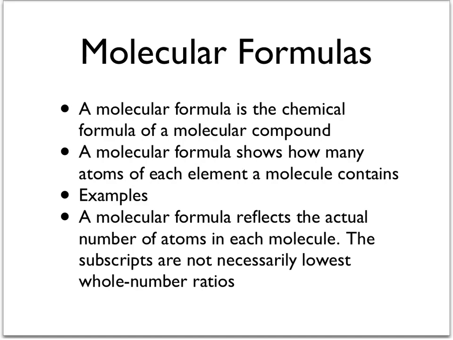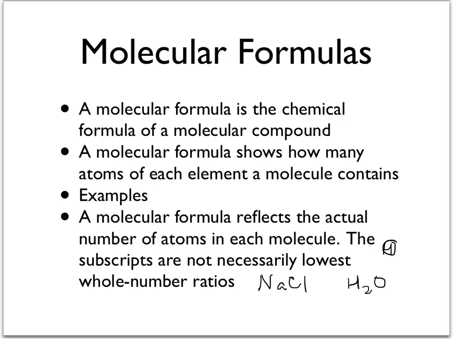So the molecular formula tells you the actual number of atoms, not just the lowest whole number ratio. In other words, when we talked about an ionic compound like salt, we said it was NaCl. That's simply a ratio. It's 1 to 1. But if you look at the crystal, you can't tell which sodium goes with which chlorine and so on. On the other hand, if we're talking about something like H2O, that is a particular molecule.